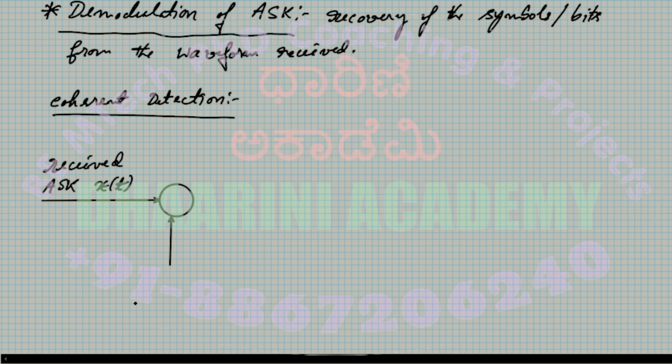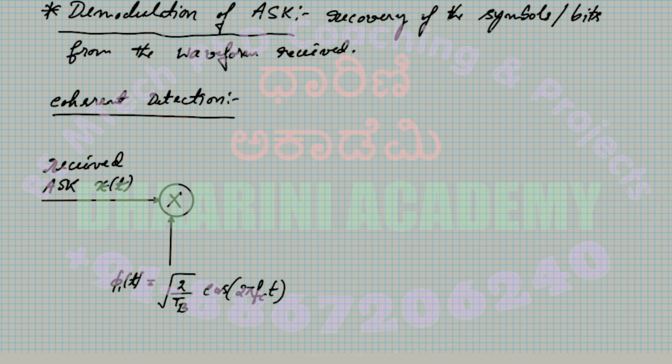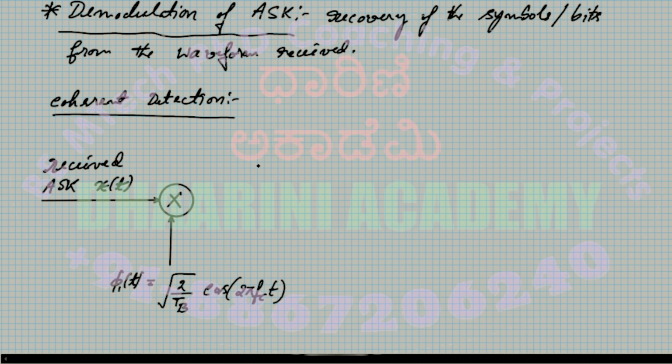The product modulator takes phi1 of t as input, which is square root of 2 by TB into cos of 2 pi fc t. We put the product symbol over there. Obviously, this is going to be given to an integrator.